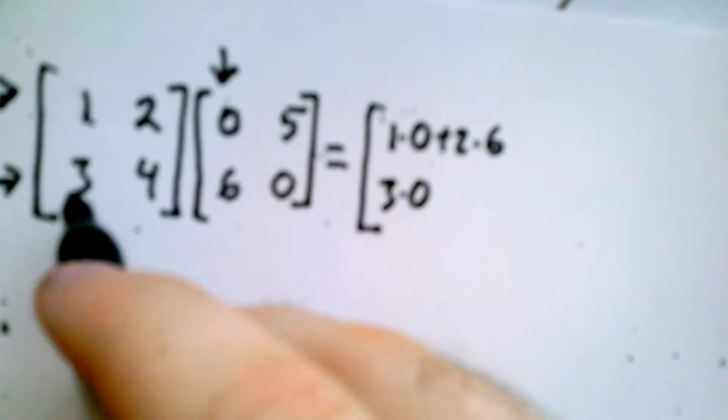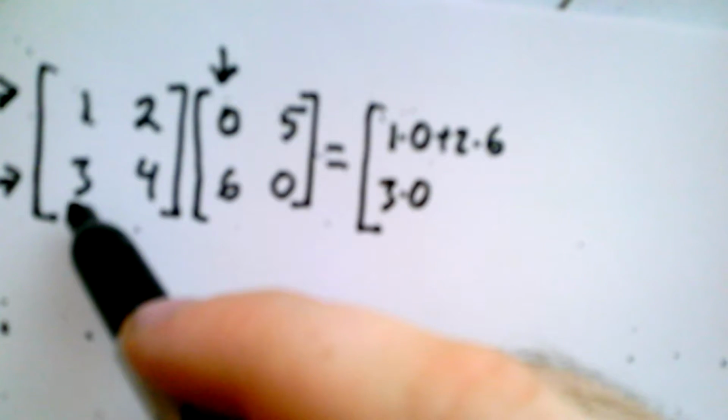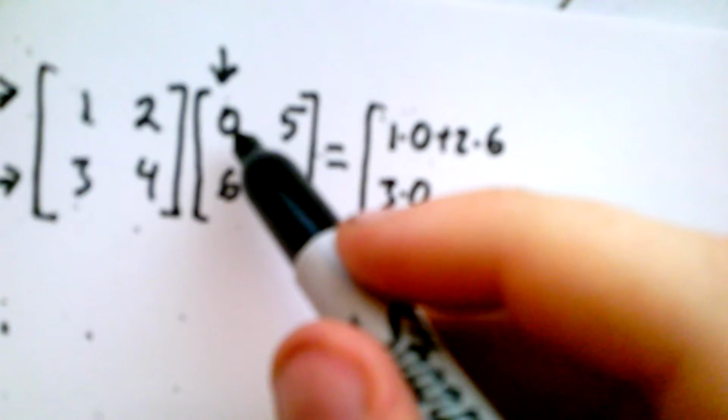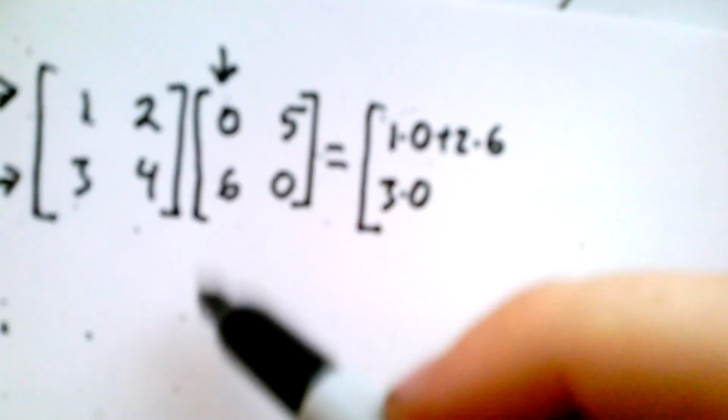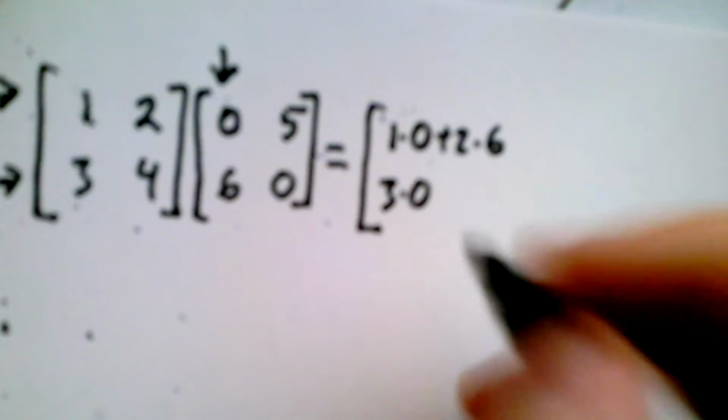So that's the first entry of the second row times the first entry in the first column plus the second entry in the second row times the second entry in the first column. And because it is the second row and the first column, the entry goes in the second row and first column of our new matrix.